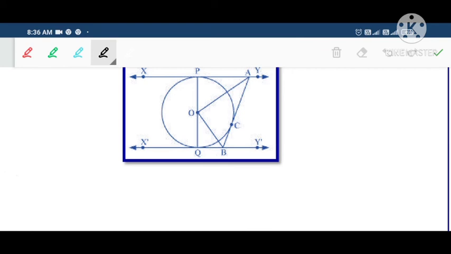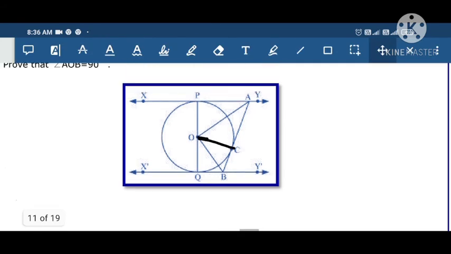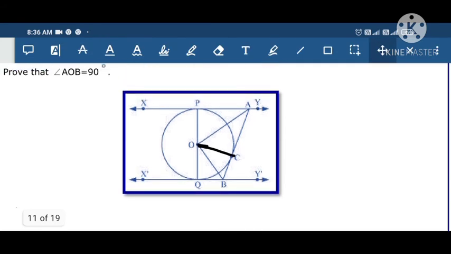First I take two triangles, AOP and AOC.